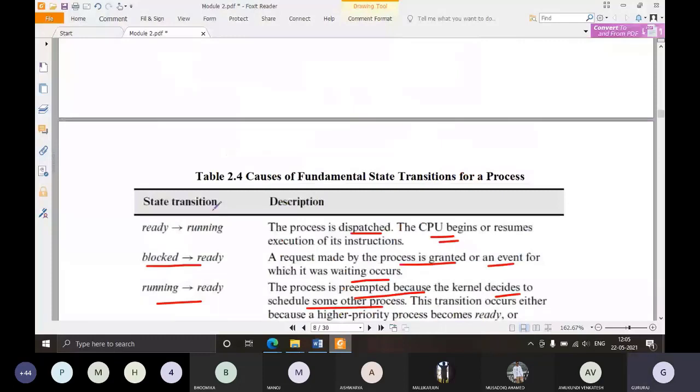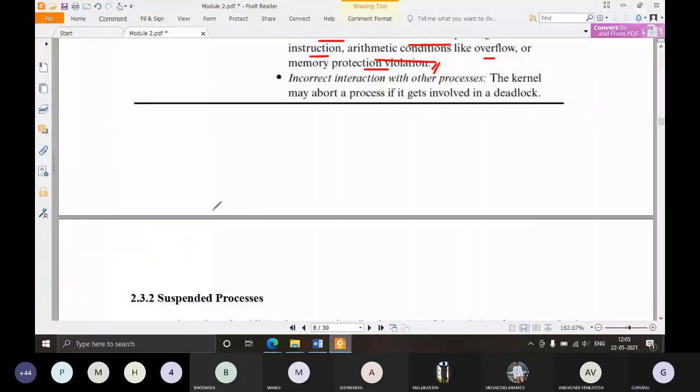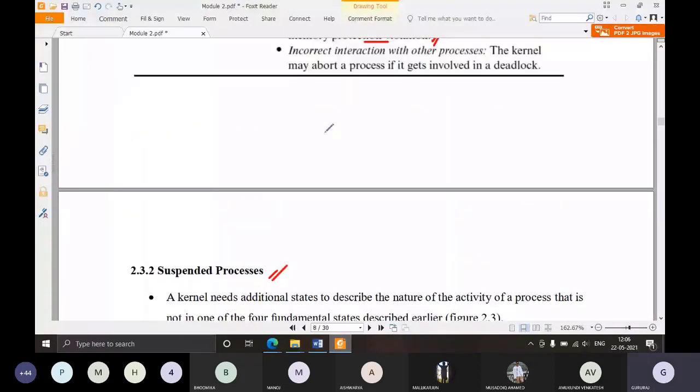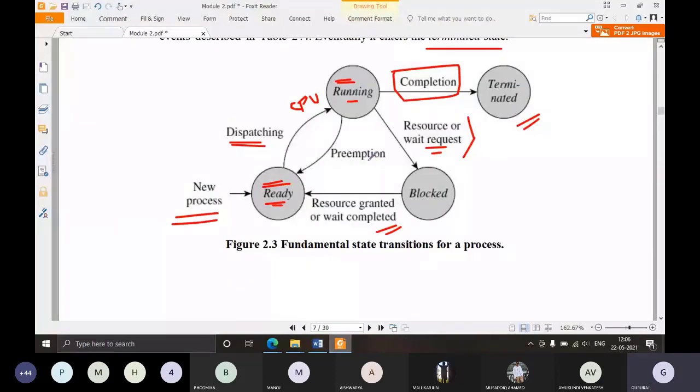So next is suspended process. In some cases, these four states are not sufficient to represent all the conditions of a process.